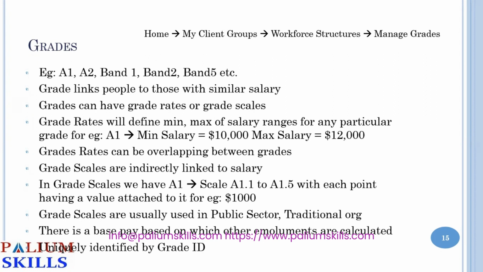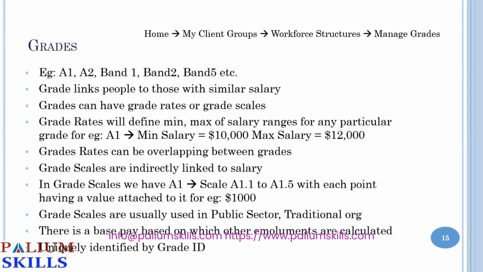You might have seen advertisements from PSUs and government organizations where they give you a pay scale, which is like 10,000 dash 500 dash 15,000 dash 800 dash, like that.